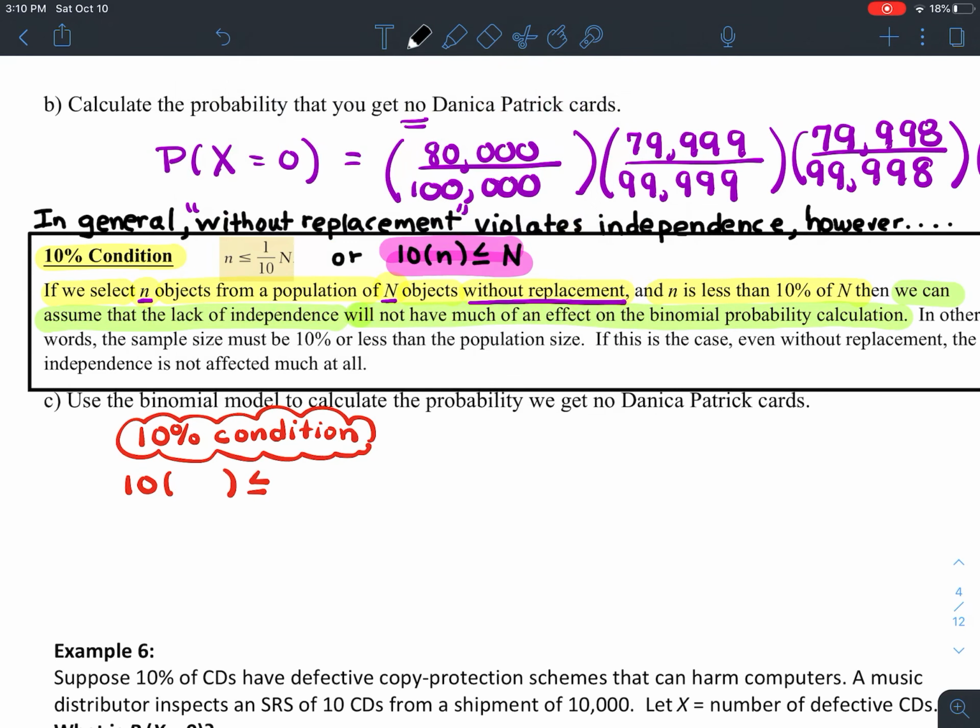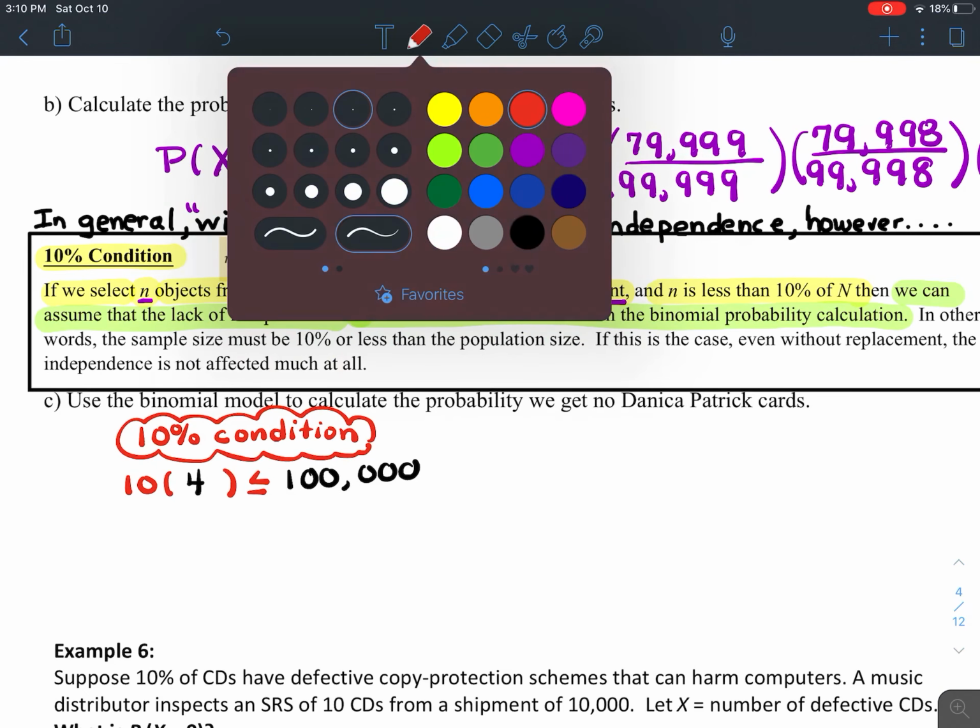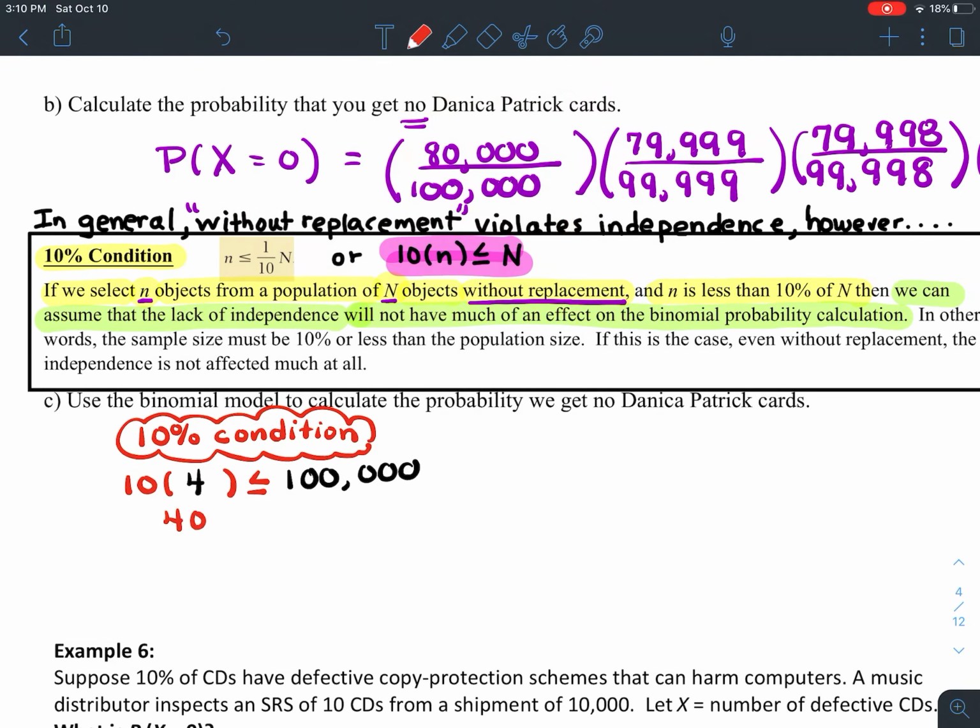So I'm going to plug a 4 here and a 100,000 over there. If I work this out, I get 40 on the left. If this comes out to be a true statement, and obviously 40 is well less than or equal to 100,000, I have shown that this 10% condition is met.